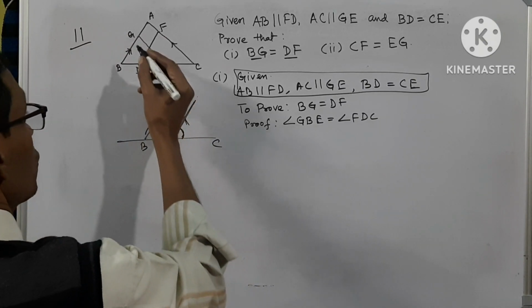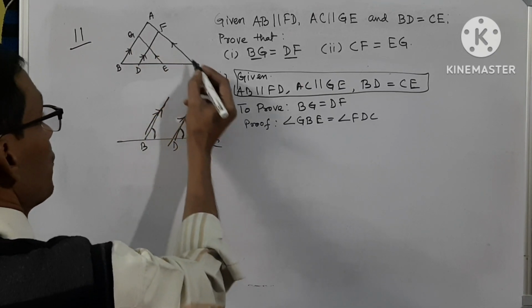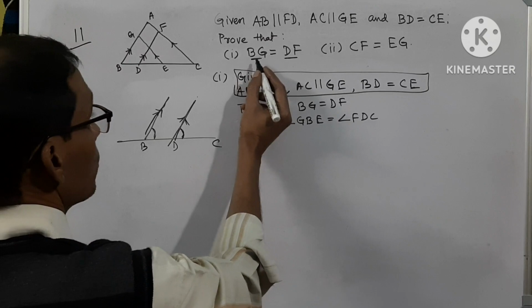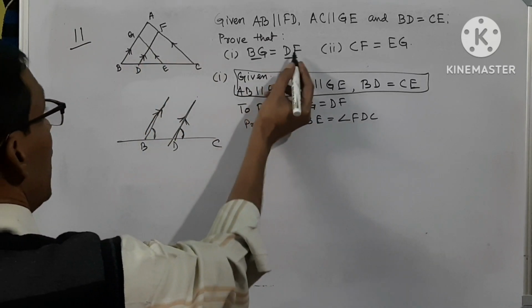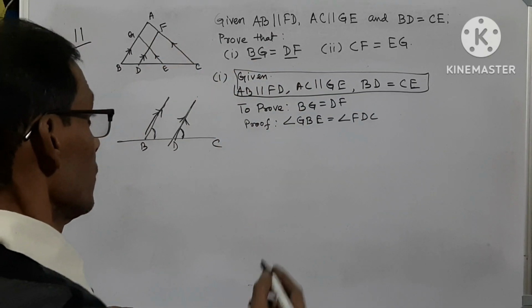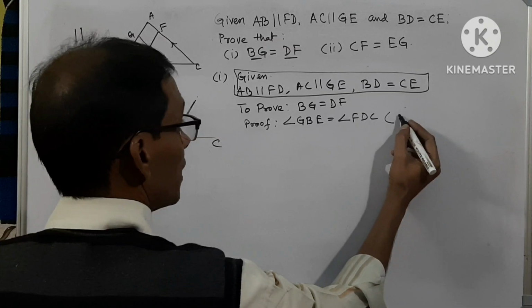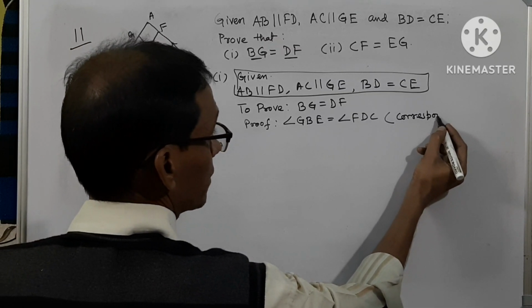We are taking these two triangles BGE and DFC. Then only we can prove BG equal to DF, because BG is one side and DF also is a side of the other triangle. You can write these are corresponding angles.